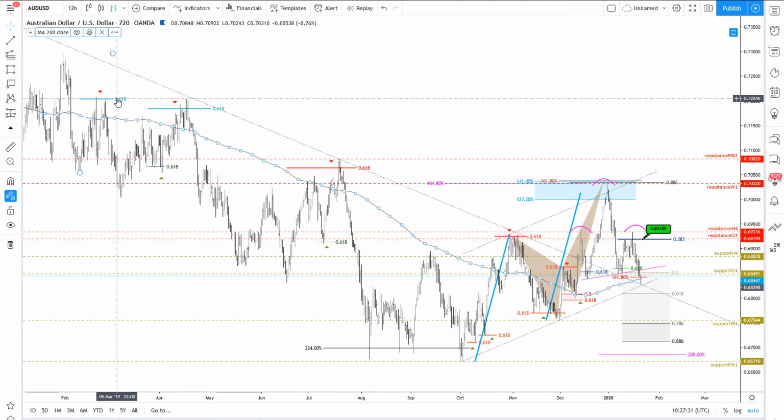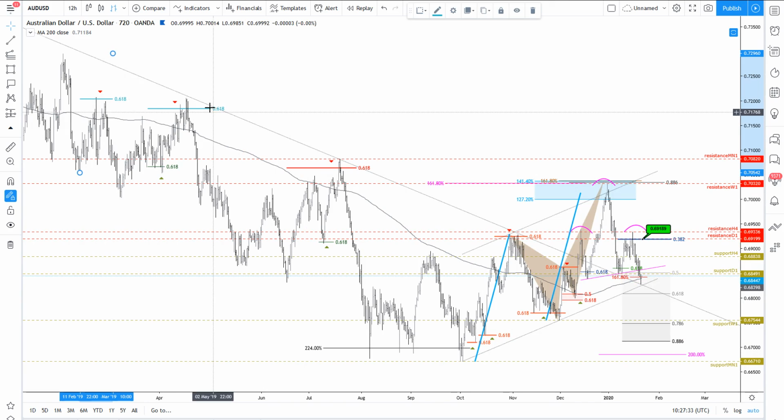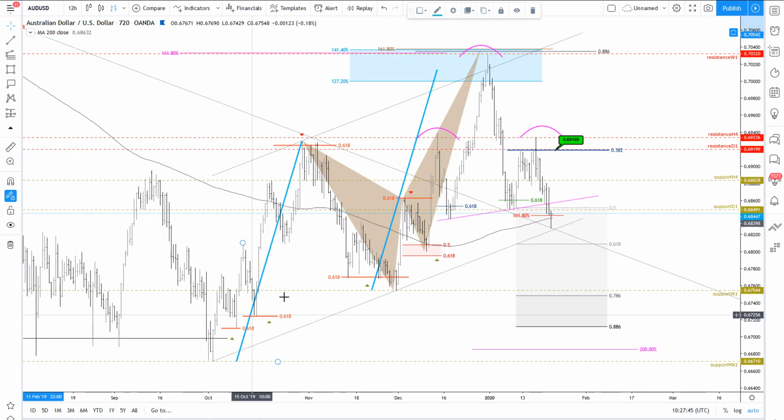The Aussie finding huge pressure at the golden Fibonacci retracement as support and as resistance, with the price finding support and resistance multiple times on those areas. So at some point when I saw that, I started to think, okay, I will take advantage as soon as the price approaches the golden fib.